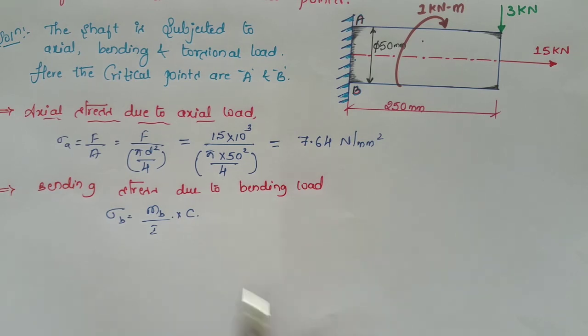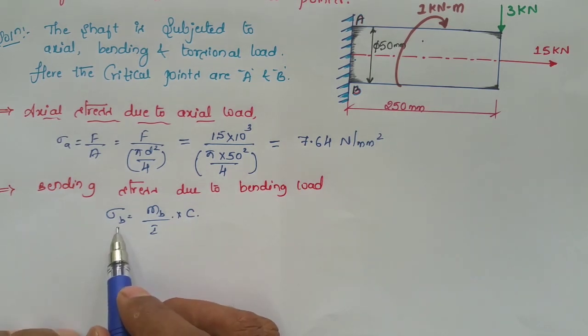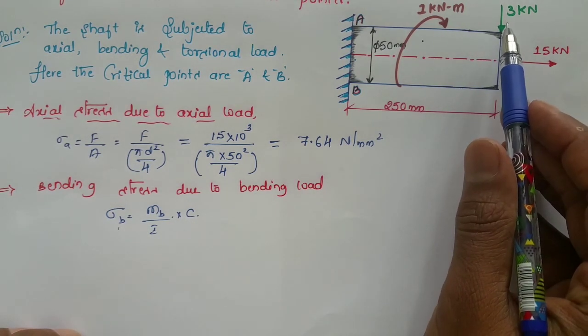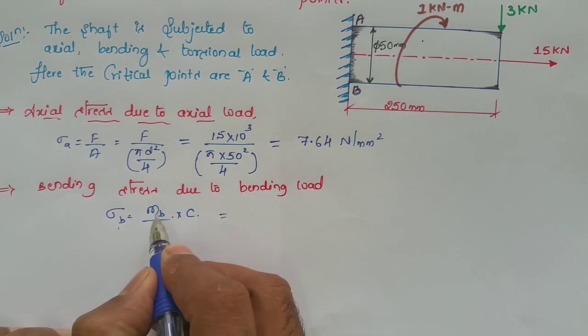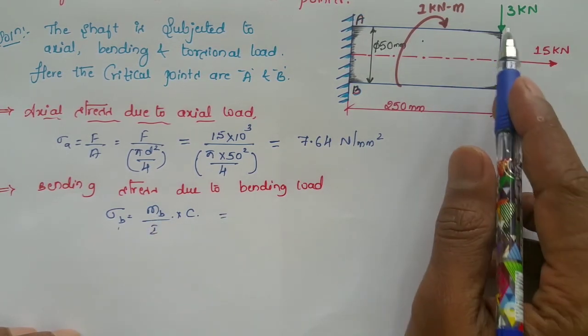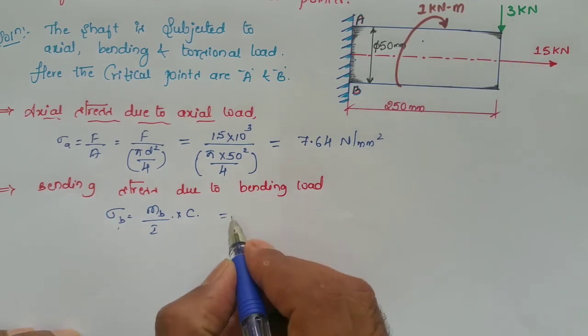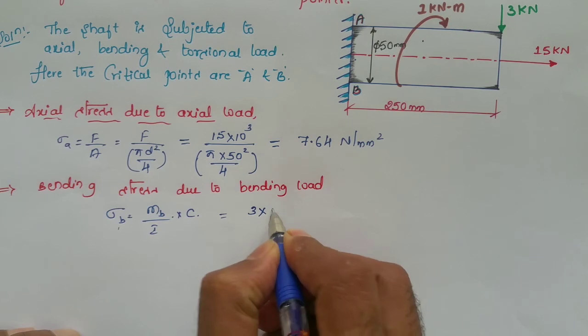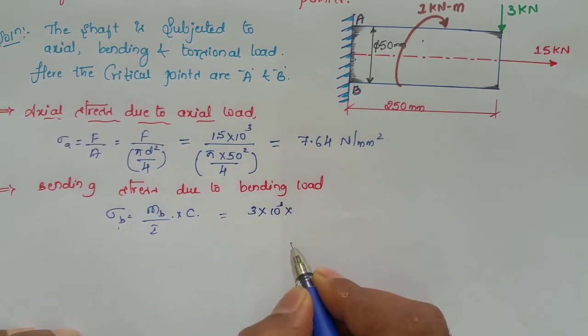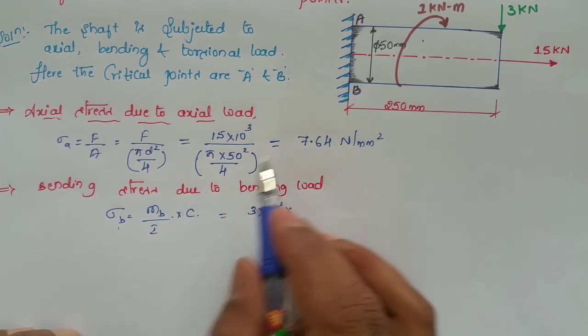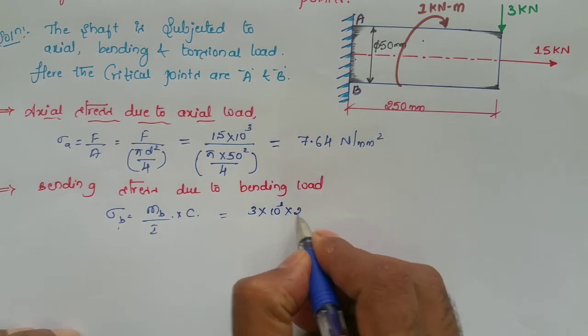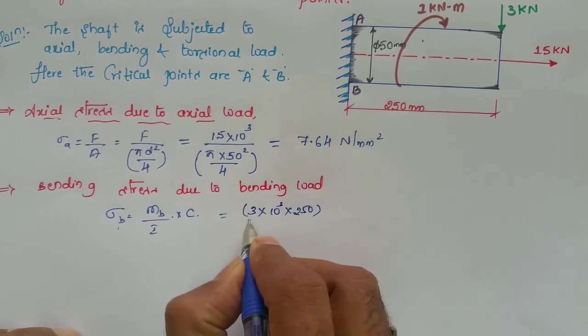Now we will calculate our bending stress when the transverse load of 3 kilonewton is acting. Mb is the bending moment, which is force into perpendicular distance, that is 3 kilonewton into 250. I will take 3 into 10 power 3 because I am taking it in terms of Newton, and the distance is 250 mm. This is our bending moment.